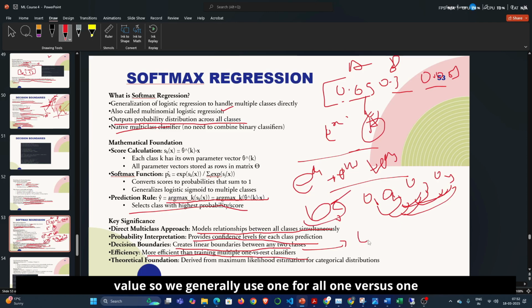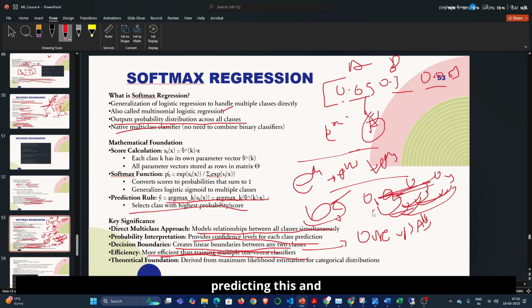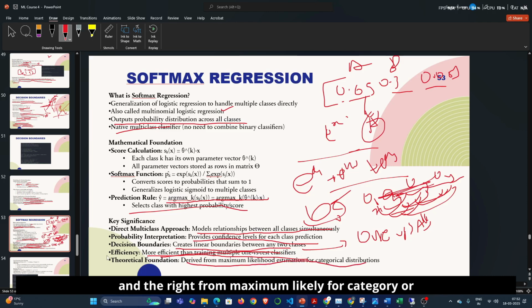Sorry, that was one versus one, and one versus rest is predicting this and checking for each value. But softmax is more efficient than those, and is derived from maximum likelihood from the categorical distribution.